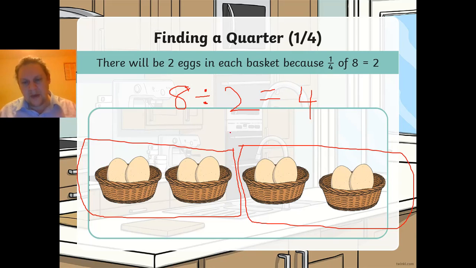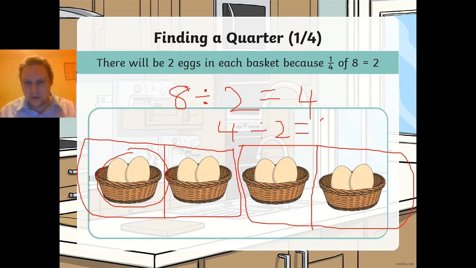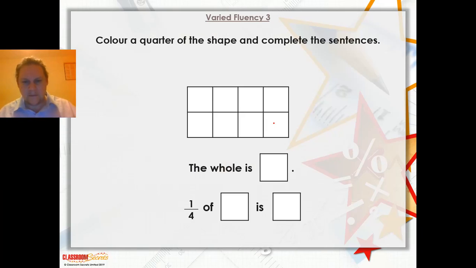We could then halve again. 4 divided by 2 equals, so let's halve again. We've got 4, let's halve it. 4 divided by 2 is 2. So that's another way that we can do it, and we know straight away then a quarter of 8 is 2 because we halved and we halved again.